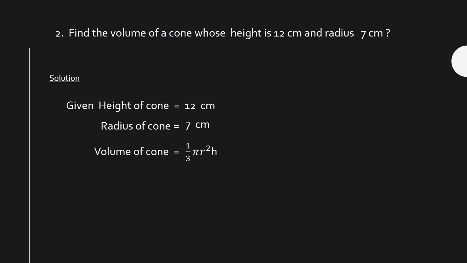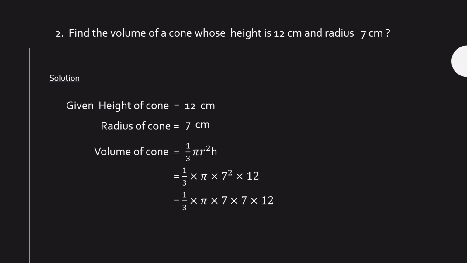Then we know r, we know h. So substitute all these and tell me the next step. Correct, 1 by 3 into pi into 7 square into 12. And after simplifying all these, what do you get? 1 by 3 into pi into 7 into 7 into 12.